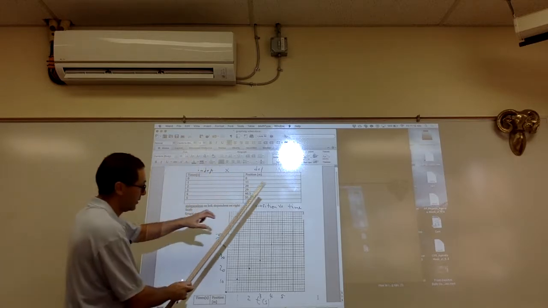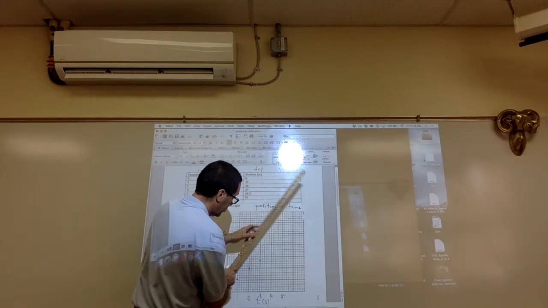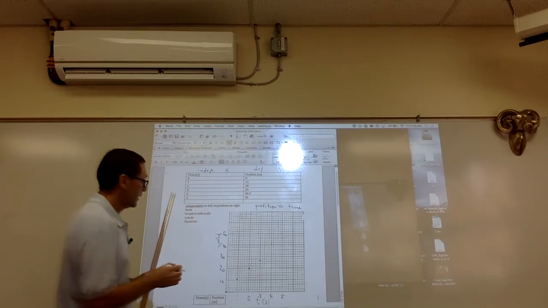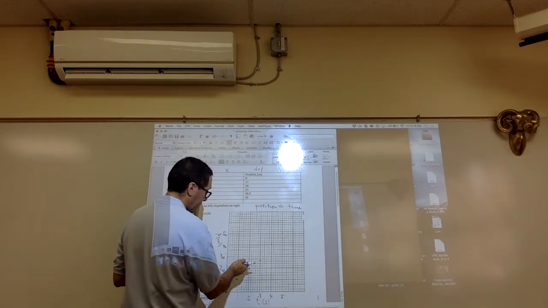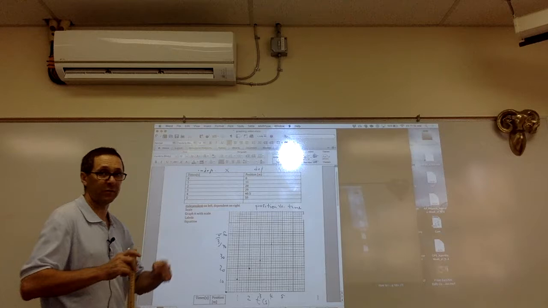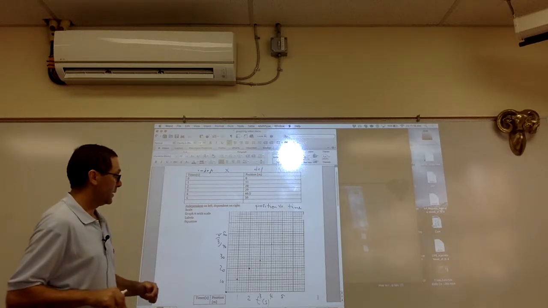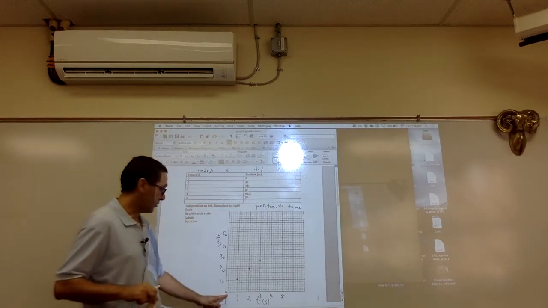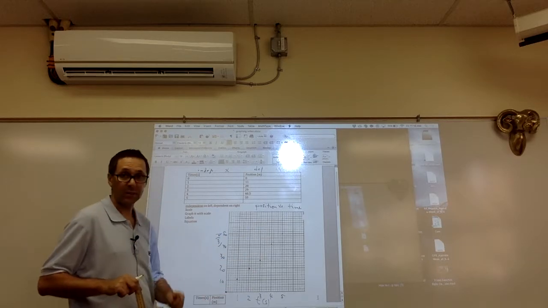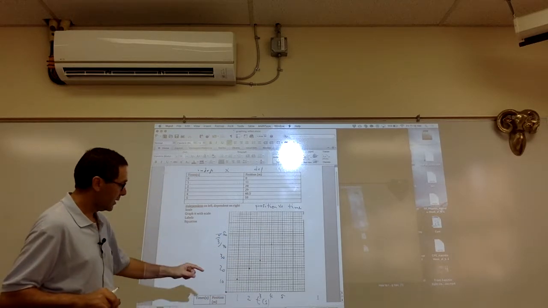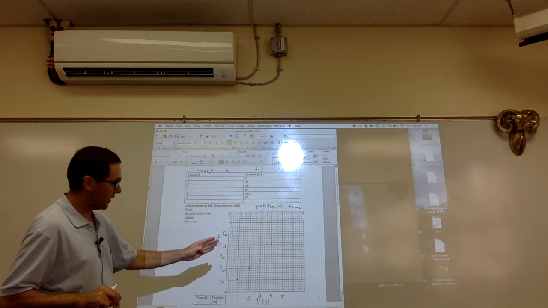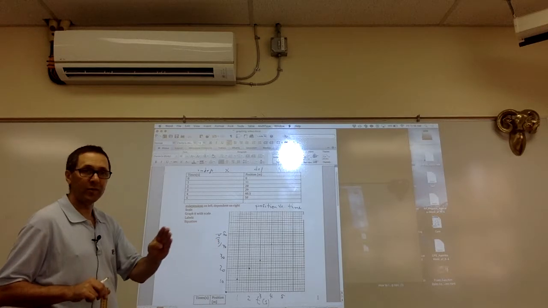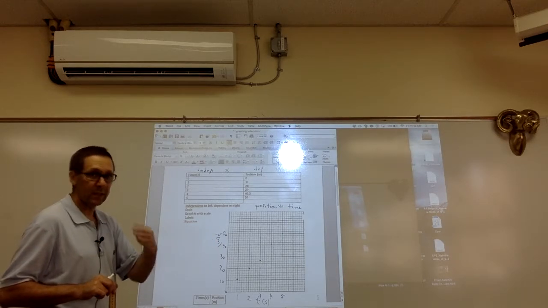Now how do you draw your graph? Well, you draw the line of best fit. It has to pass by the majority of the points, okay? And it doesn't necessarily pass through the first one and the last one. That's a misconception. And you have to leave an equal number of points below the line as above the line.